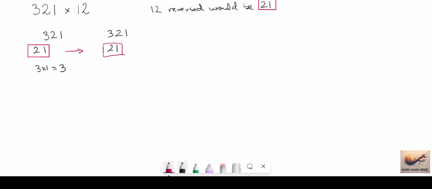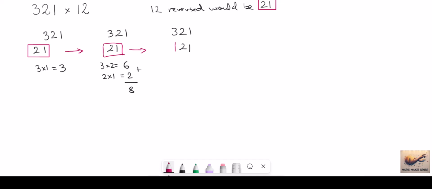So this becomes 3 times 2 is 6. And 2 times 1 equals just 2. If I add them up, 8. Okay, my next position would be right here.